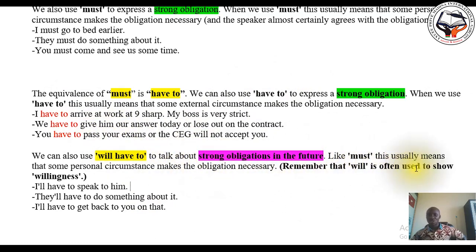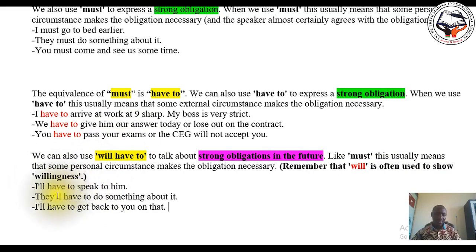This usually means that some personal circumstance makes the obligation necessary. Remember that will is often used to show willingness, but we don't deal with that here.